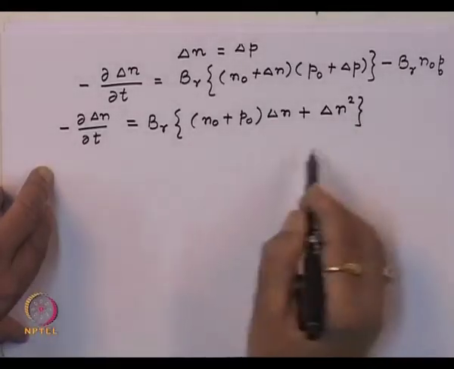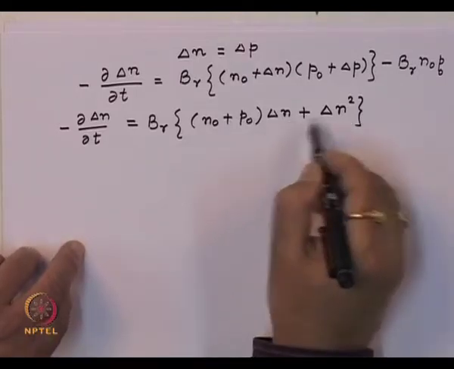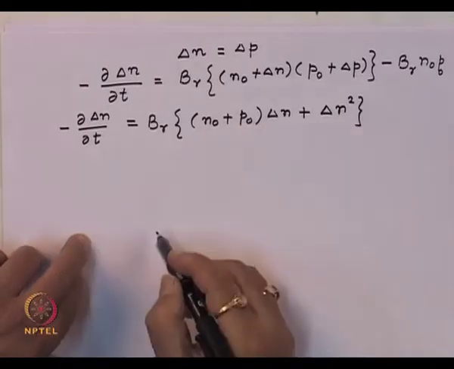So, from here now, if you take the high injection, delta n is much larger compared to this quantity.